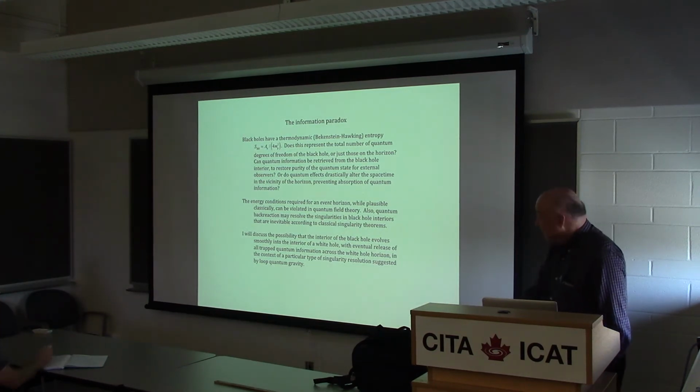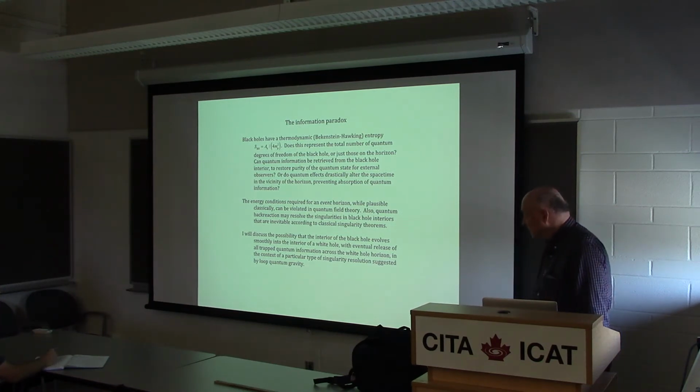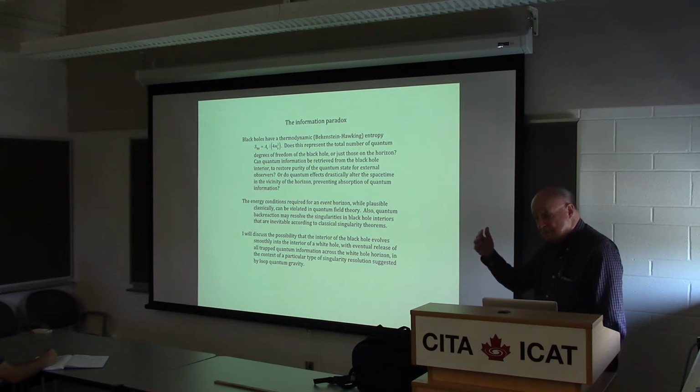Okay, so what I'm going to talk about is the possibility that what happens in the interior of a black hole is that it evolves into a white hole. So instead of having trapped surfaces, in which all the causal, future-directed lines go to smaller radius, you have a black hole that evolves into a white hole where the reverse happens.